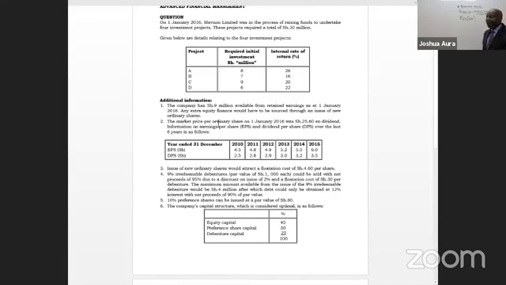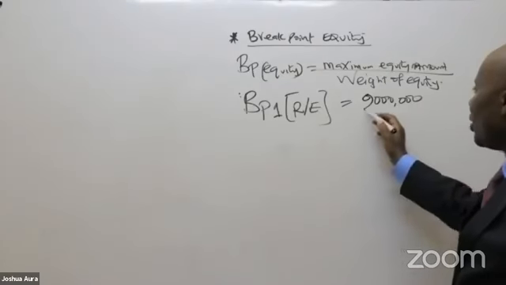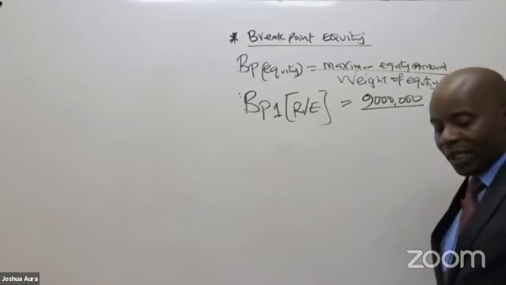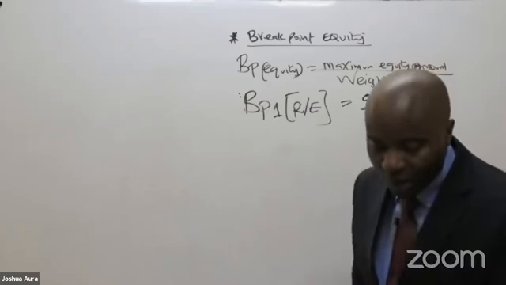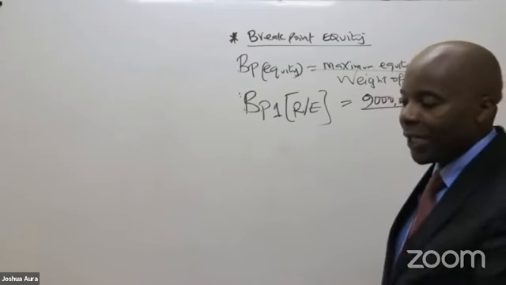So 9 million is the maximum that we have. So the maximum retained earnings here will be equal to 9 million over the weight of equity that you are able to write down on note number 6. The weight of equity capital is 45%.